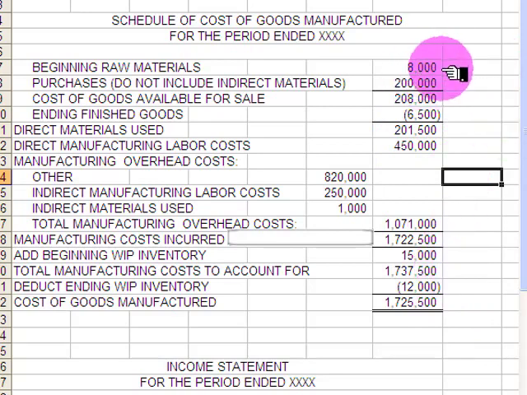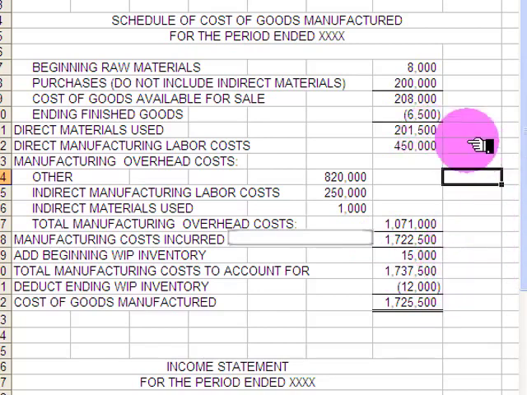The big difference here is that you come down to direct materials used, and at that point you add in the other two manufacturing costs, labor and overhead. Then you add beginning work in process inventory and subtract ending work in process inventory to get cost of goods manufactured. So it's combining two schedules, and you're just putting the beginning balance in work in process in a different place. You get the same answers.